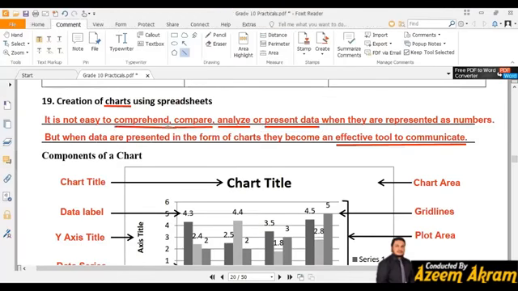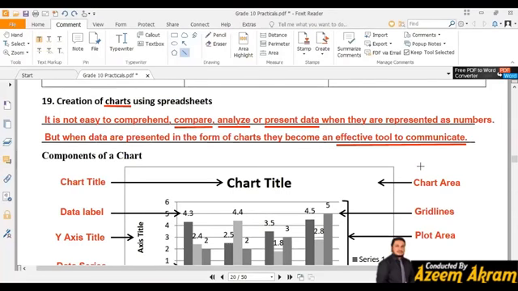But mostly compare, analyze, present. So I'll take these 3 only, and finally effective tool for communication.